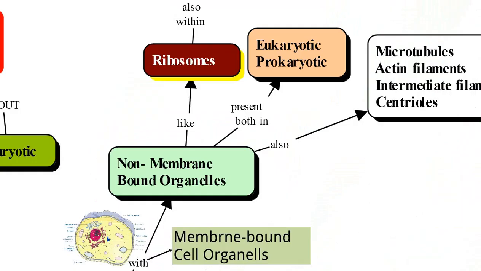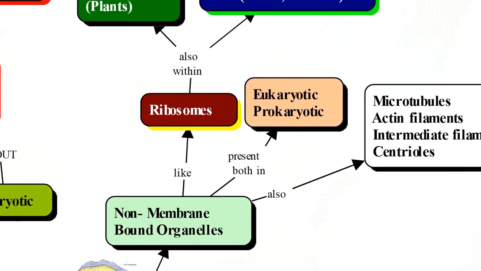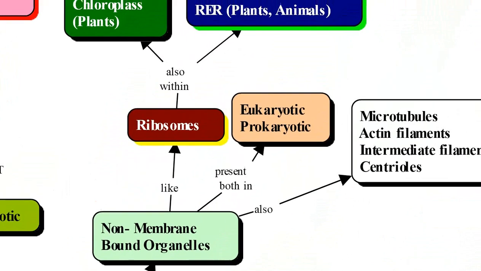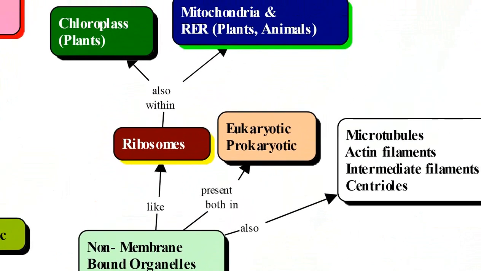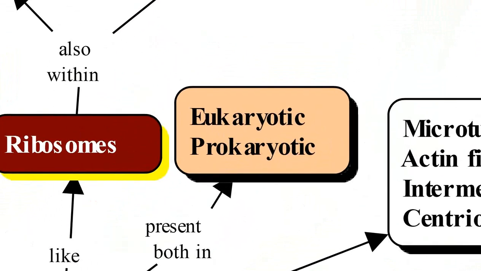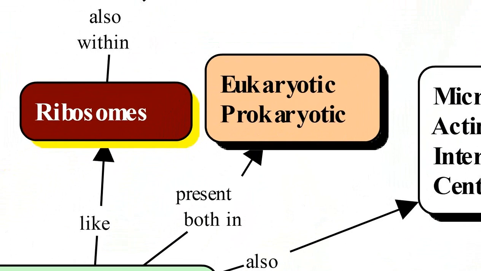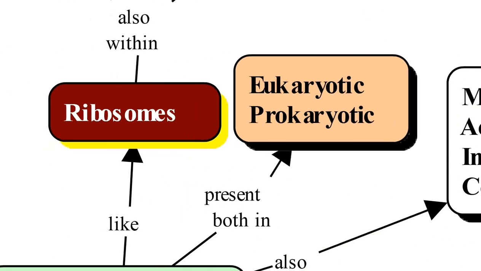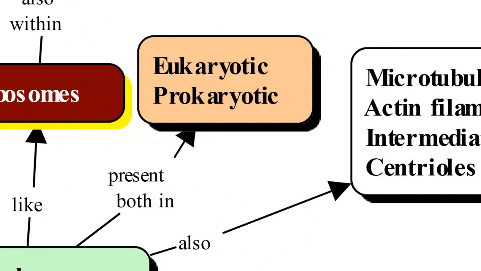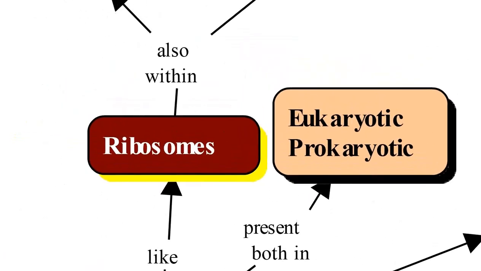Then in the cytoplasm, non-membrane bound organelles are also present. Usually these are present both in the case of eukaryotic as well as prokaryotic organisms. The best examples are ribosomes.